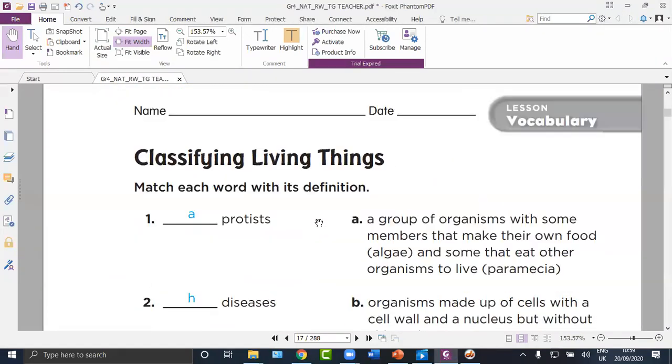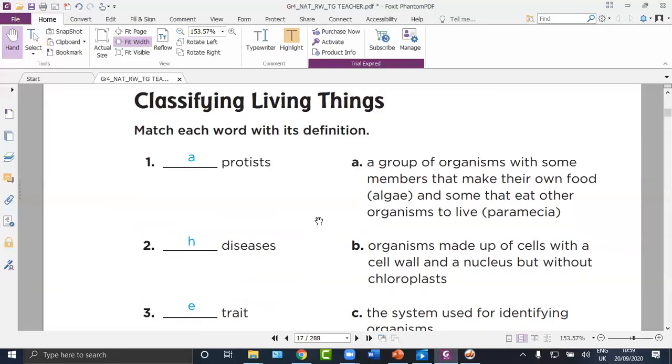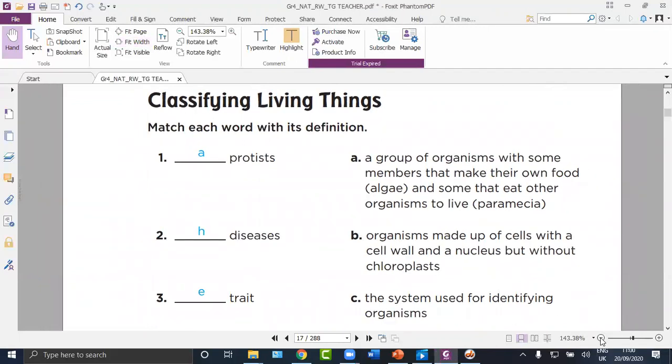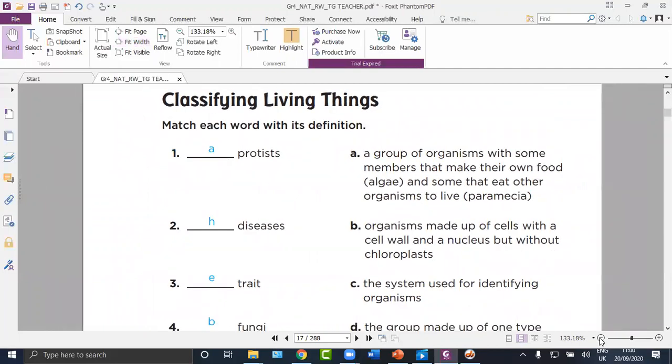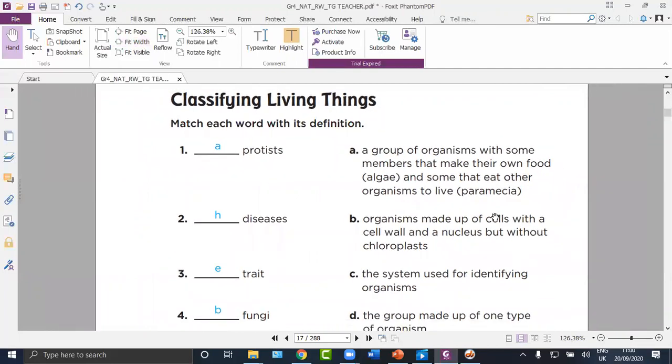Page 9, matching. This question is so important for the quiz. Matching between A and B. Number 1, protist. Who can read? Kareem Khalab.